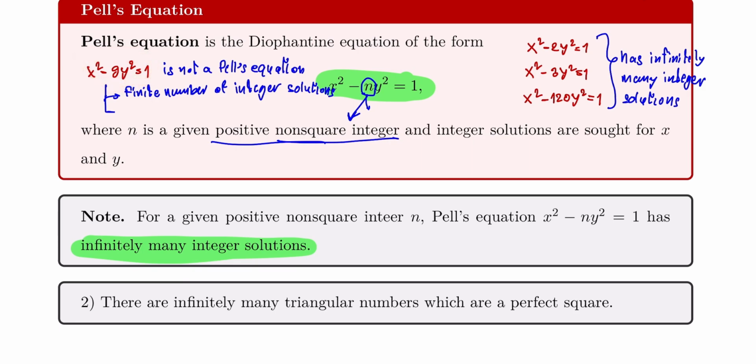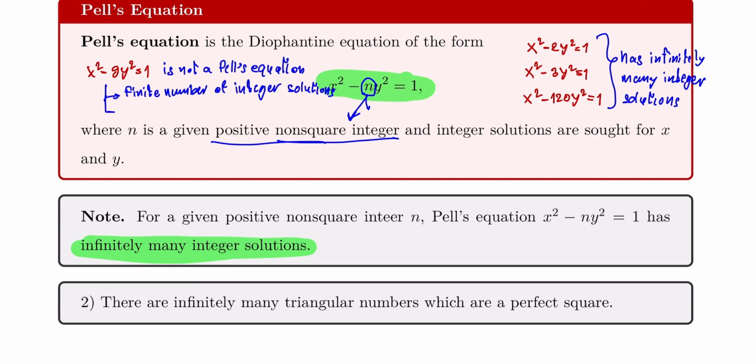So there will be solutions, but there may be a finite number of integer solutions. I'm not sure. All right, but Pell equations, which is this one, where n must be a non-square integer, this equation will have infinitely many integer solutions.